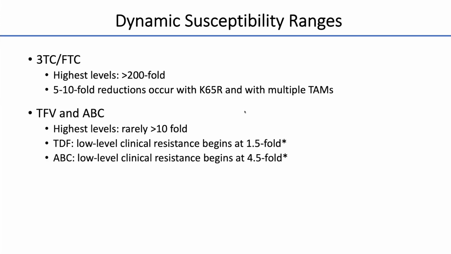For tenofovir and abacavir, the reductions in susceptibility rarely exceed 10-fold, but low-level reductions in susceptibility have been shown to be clinically significant, and I show that for tenofovir, clinically significant reductions in susceptibility begin at about 1.5-fold, and for abacavir at a somewhat higher level, and that's data from clinical trials that were analyzed by Monogram Biosciences.